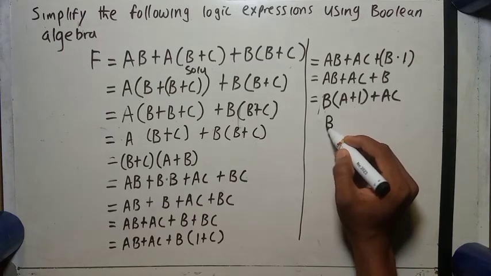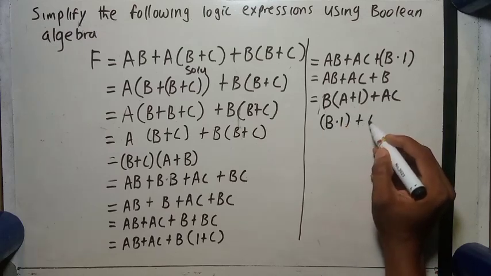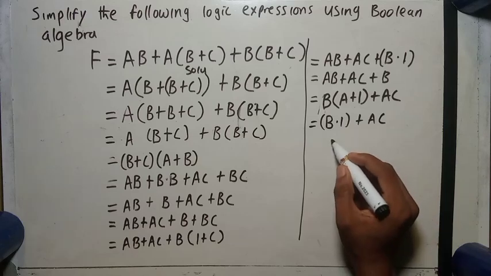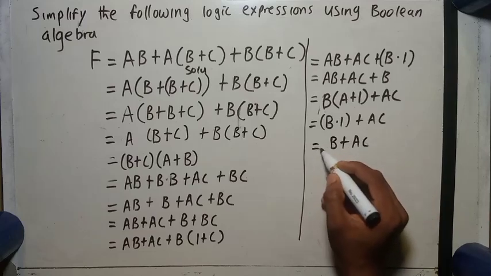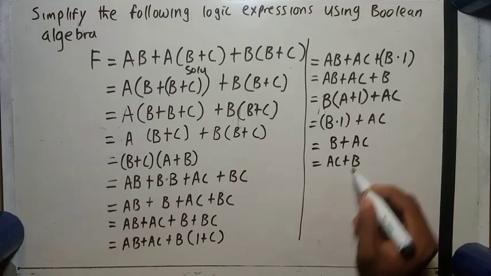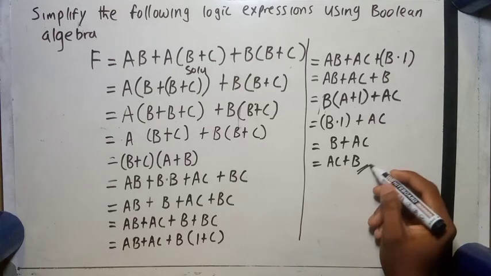So I left b times 1 plus a c. This is going to give us b. So having b plus a c, if you want to write this as a c plus b. So that's the answer to this question: a c plus b.